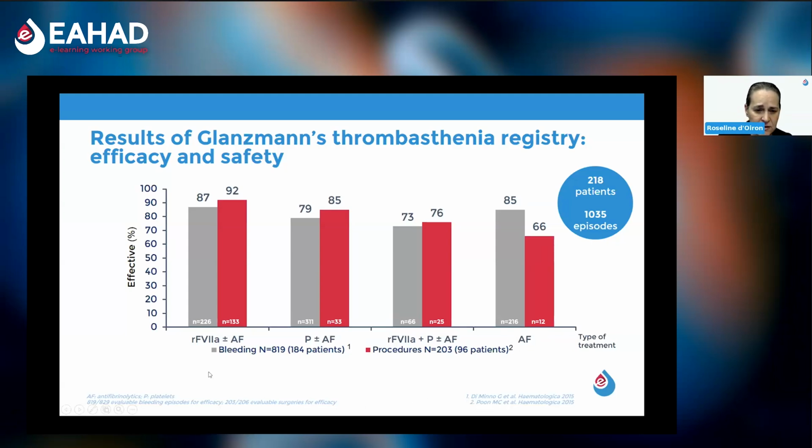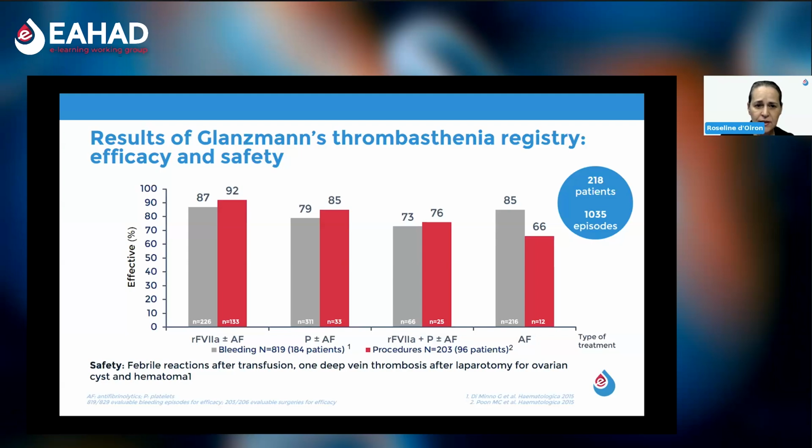And you have in gray here the bleeding episodes and the percentage of success in order to stop the bleeding episodes with these different types of treatment. And you see that these usually were quite good in terms of results.